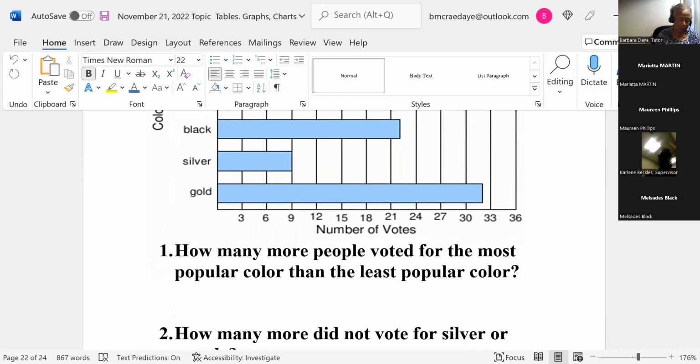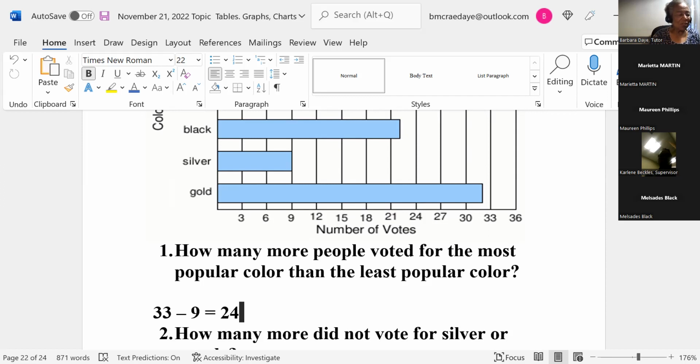It'll be 33 minus 9. How many more? And what's that equal to? 24. That's the answer. 24 more people voted for the most popular color, which was red, than the least popular color, which was silver.